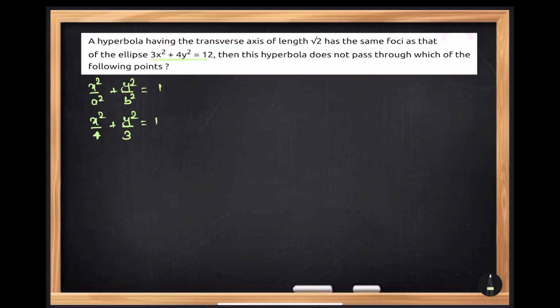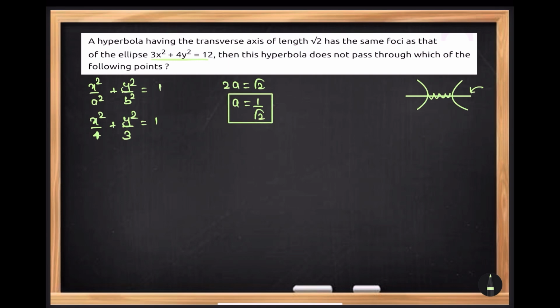If this is the horizontal hyperbola, its transverse axis will become this, and this length will be 2 times a. So we got 2a as root 2, so a of the hyperbola is 1 by root 2.